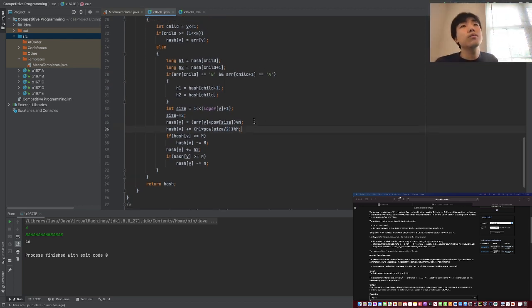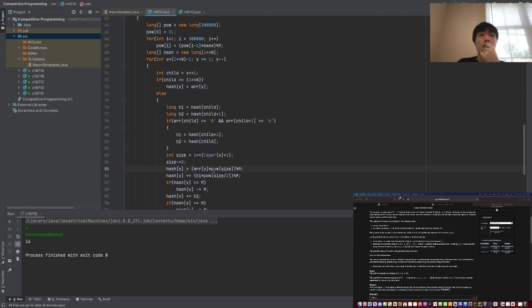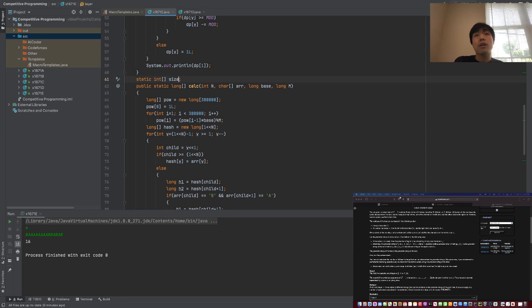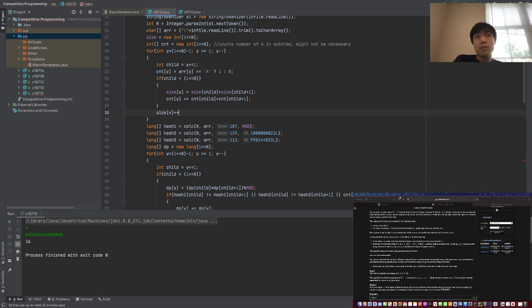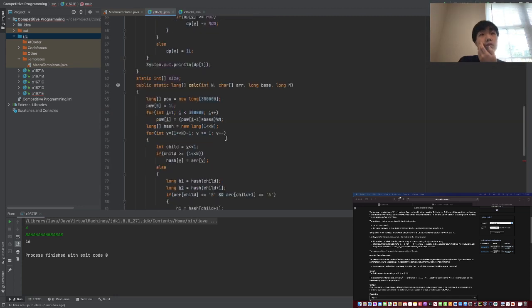We do hash of e is equal to, well, first we want to multiply it by the size of this subtree. Maybe instead of layer, we do size up here. Size is equal to size of child plus size of child plus 1. Increase it by 1 because we always use that.